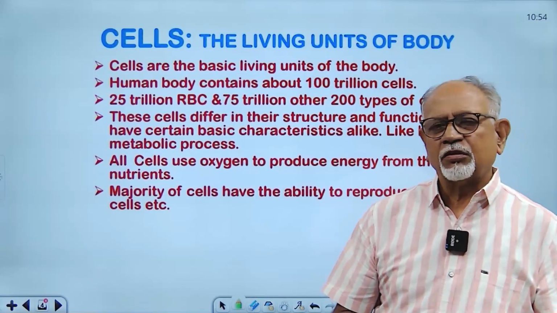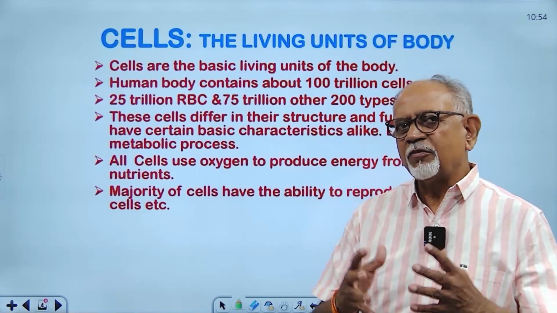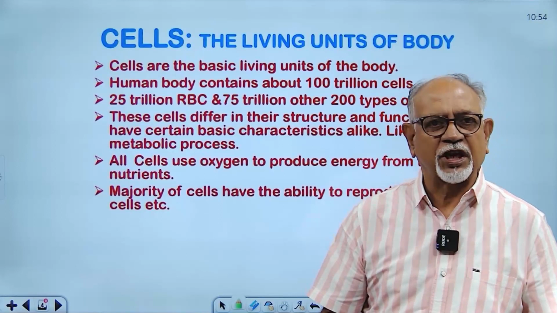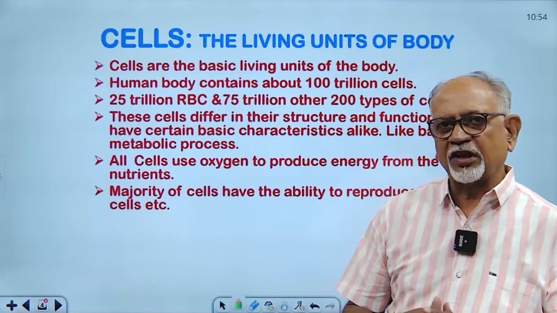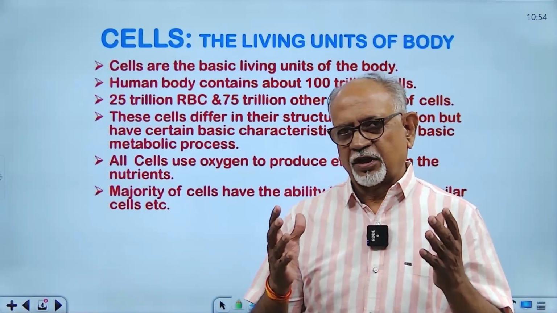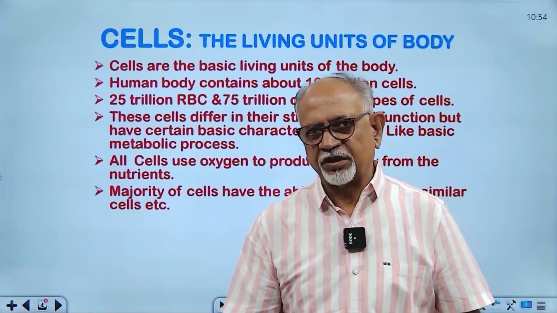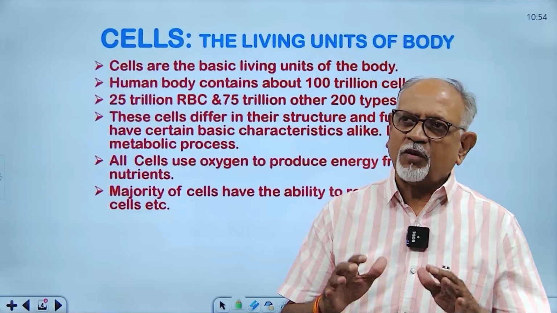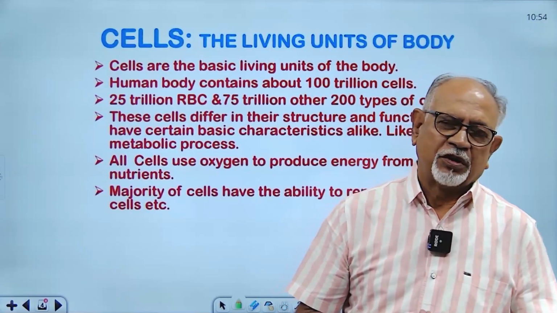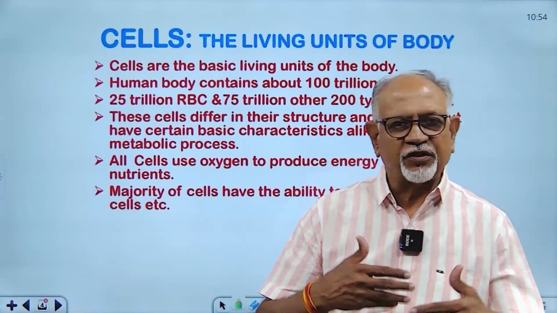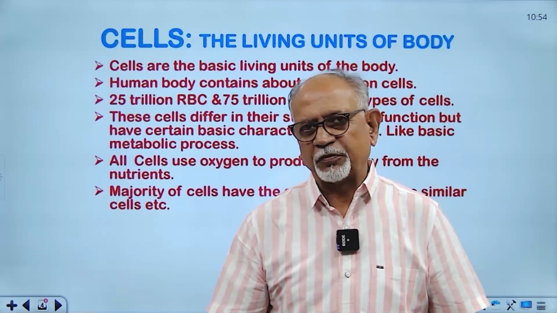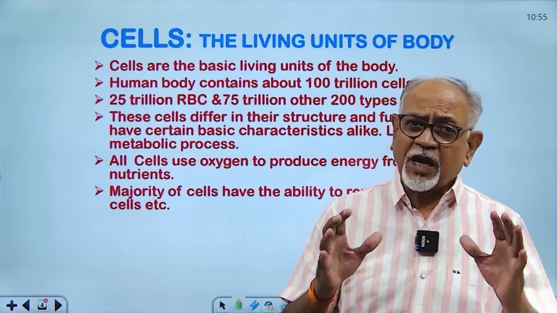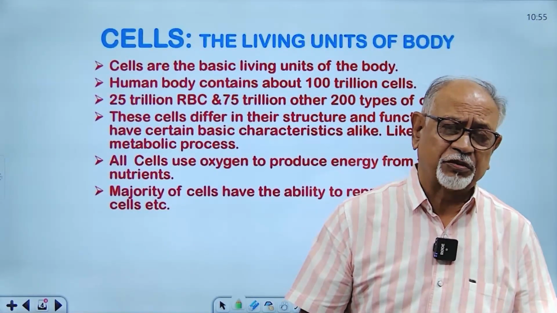You know, the human body is formed from a single cell through embryogenesis, and all the cells have similar genetic material, but they perform different functions as they form different tissues and different organs.